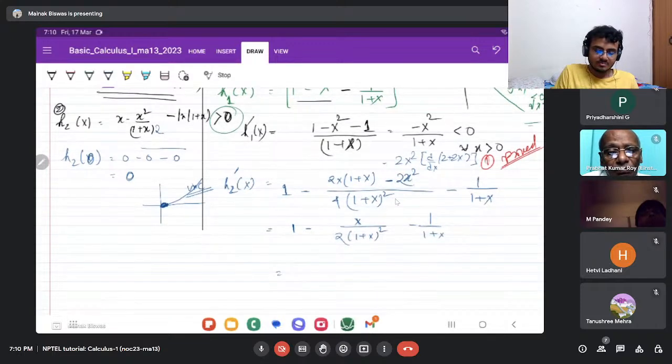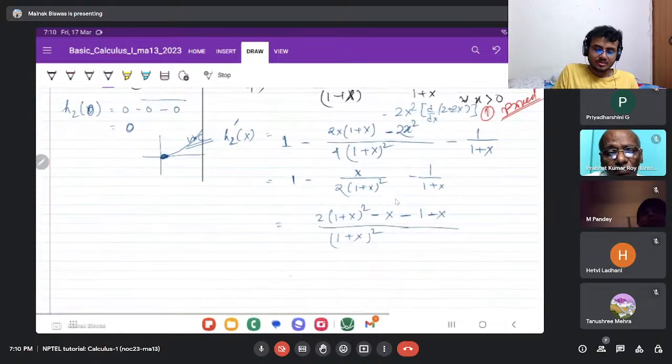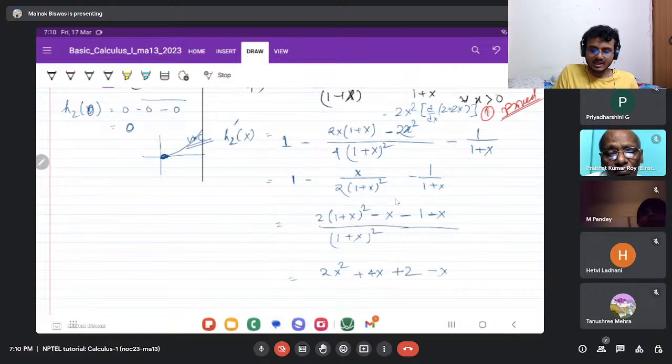Let's take the LCM. 2 1 plus x squared minus x minus 1 minus x. So 2x squared plus 4x plus 2 minus x minus 1 minus x.